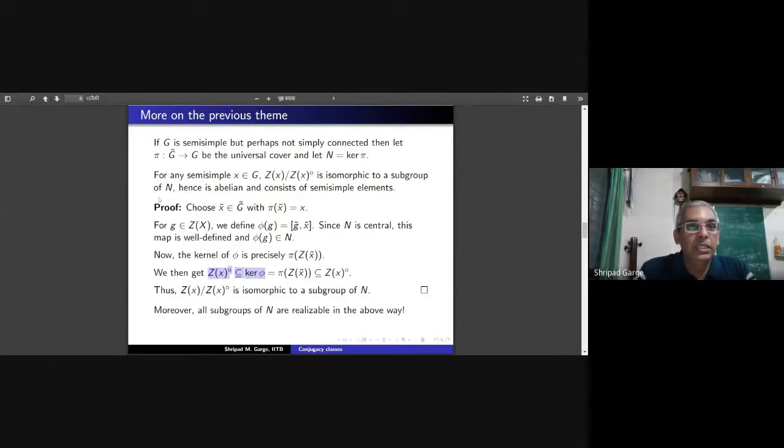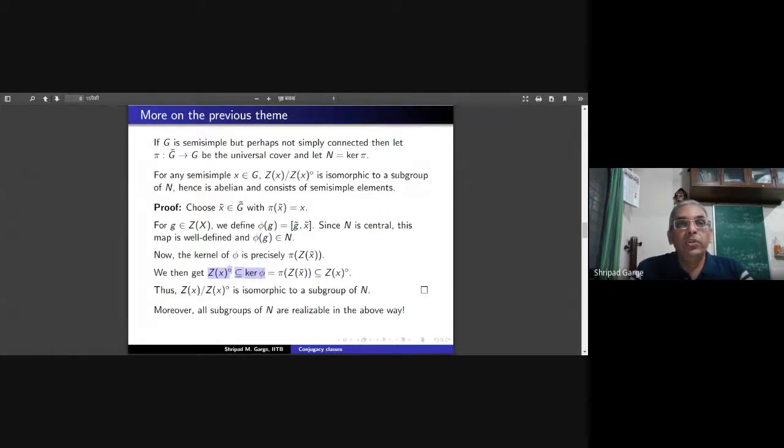Okay, so this was about semi-simple elements. I thought these were some very, very interesting results, and it's again from the same article by Springer and Steinberg. And you can imagine what the reaction of the audience would have been when these results were presented.